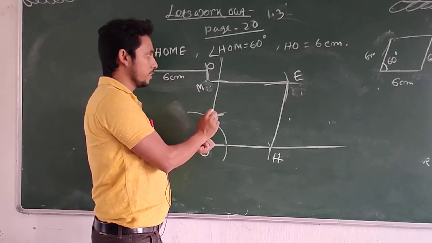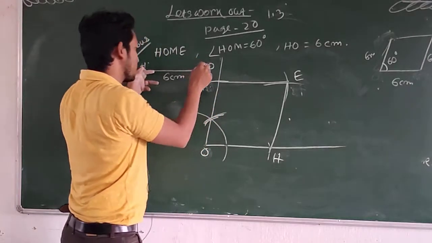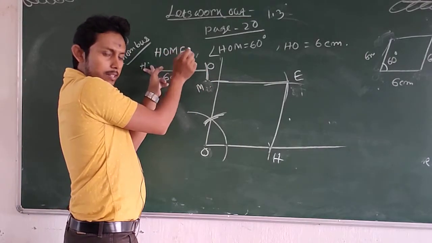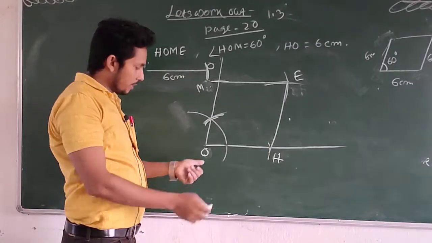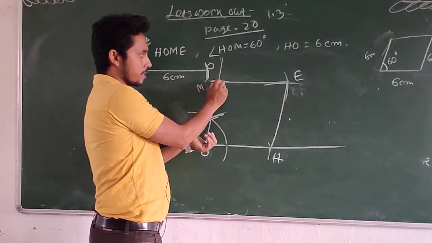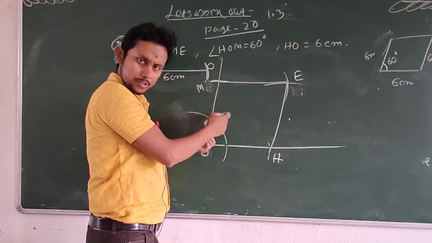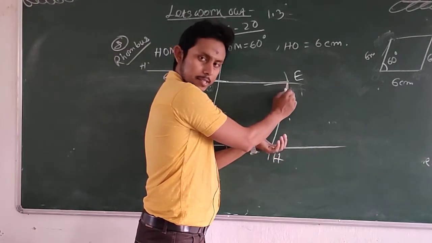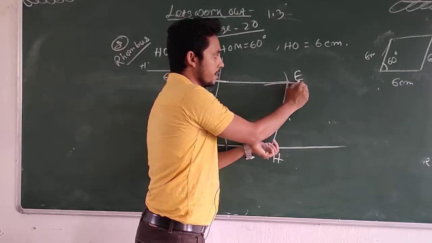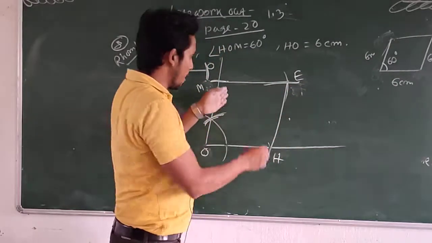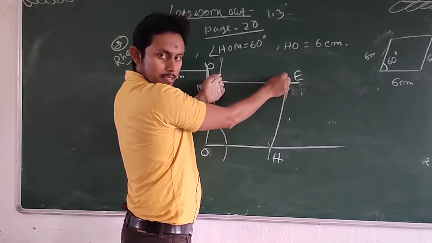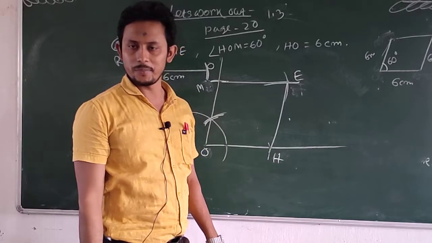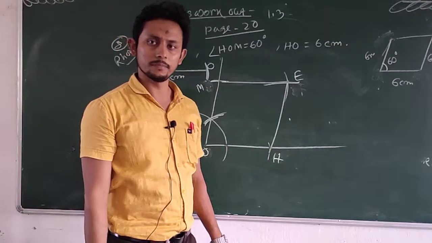After that, take the measure of 6 centimeters again in the compass, put the compass here and cut 6 centimeters, because this line will also be 6 centimeters, and this line also. So from here cut again 6, and from here also cut 6. You don't need to change the measure of the compass. Understood? Clear or not clear?